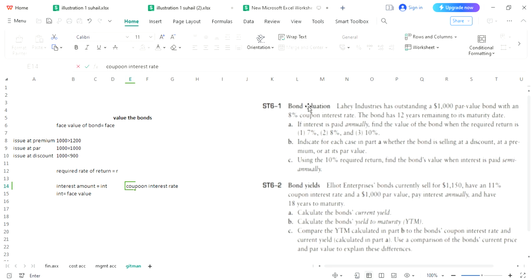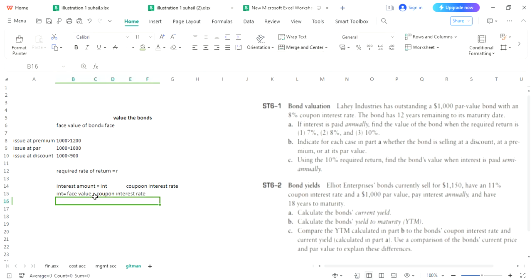This would be given in your question, and you can calculate the amount of interest. Face value would be given in the question, and you will multiply it with coupon interest rate, the rate which is used to calculate the interest.